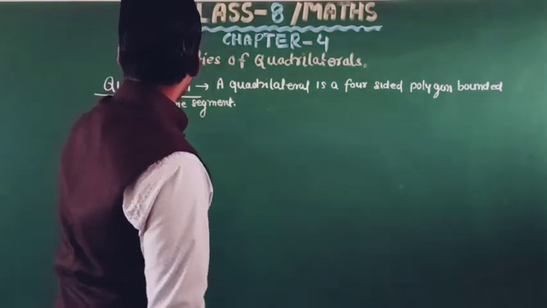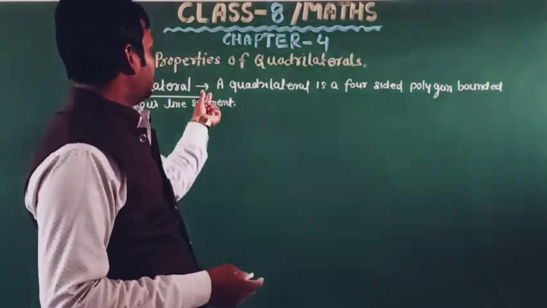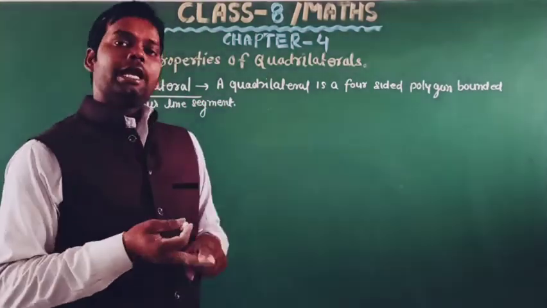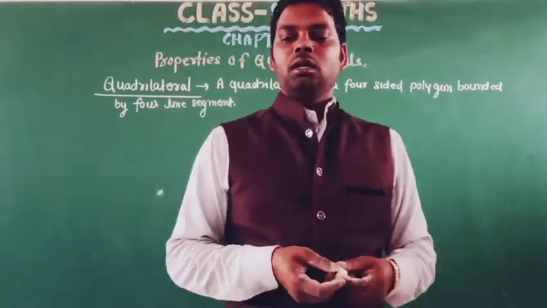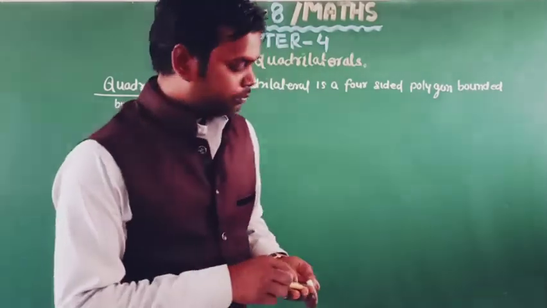So children, a quadrilateral is nothing but a four-sided polygon bounded by the four line segments.